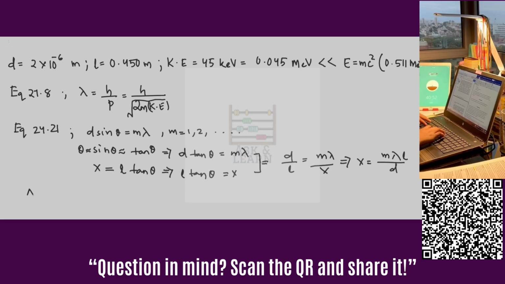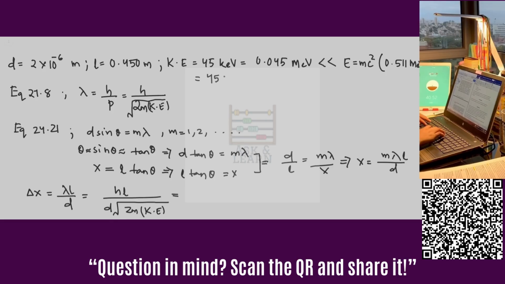So delta x will then be equal to lambda L over d, and we can use the value of lambda here from this equation. So this will then be equal to h times L over d root over of 2 times mass times the kinetic energy. Now here we have to convert the kinetic energy into joules.